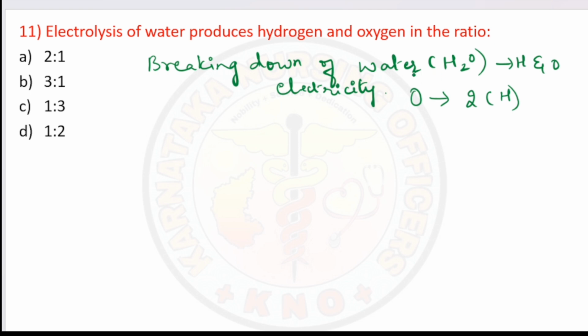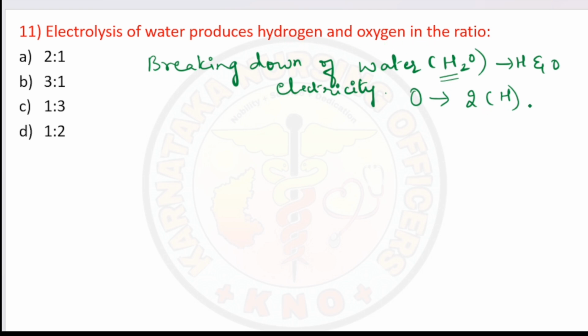If you look at the symbol H2O, 1 atom of oxygen goes with 2 hydrogen atoms. The ratio of hydrogen and oxygen, not oxygen and hydrogen.